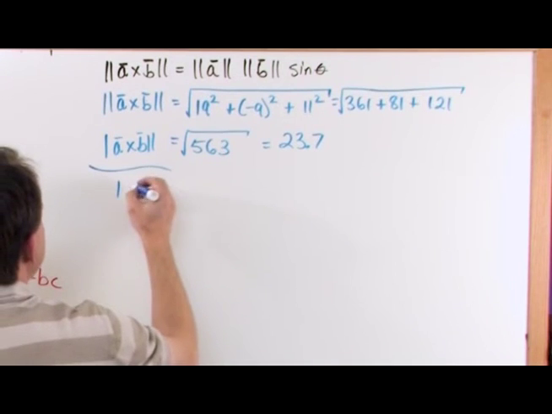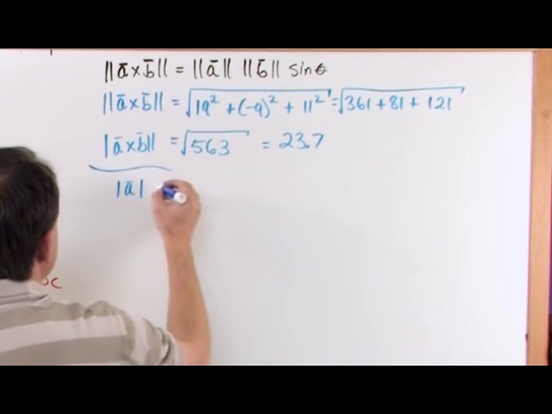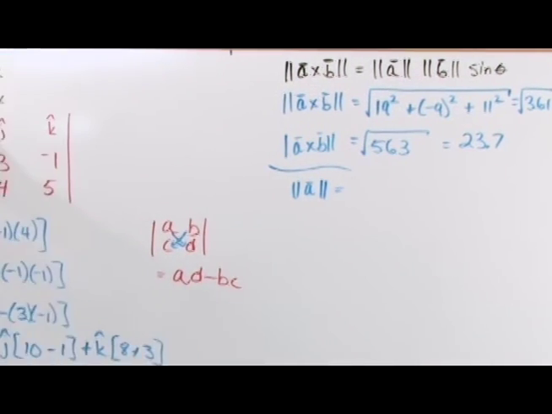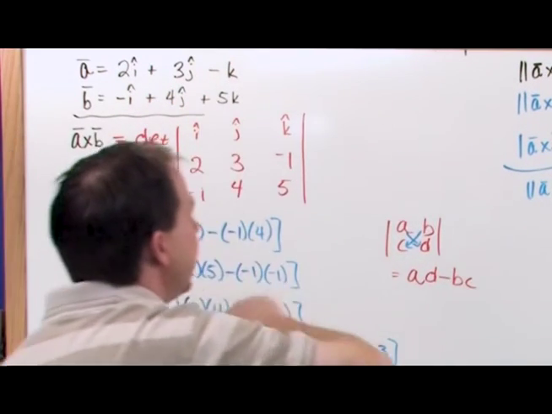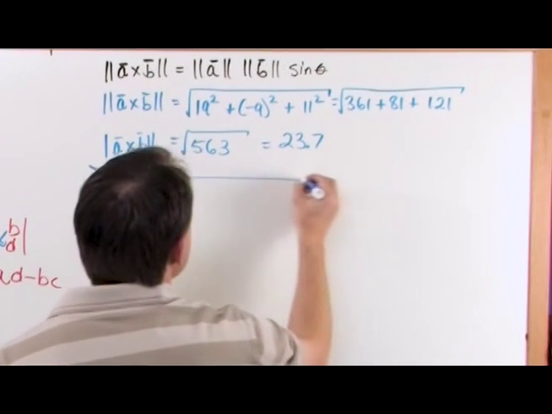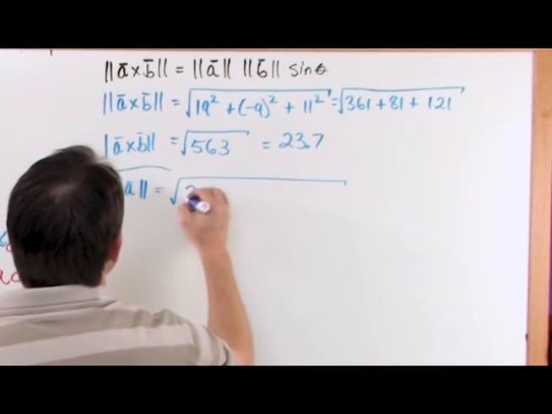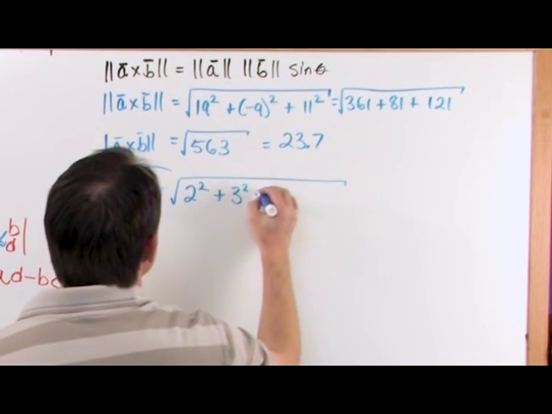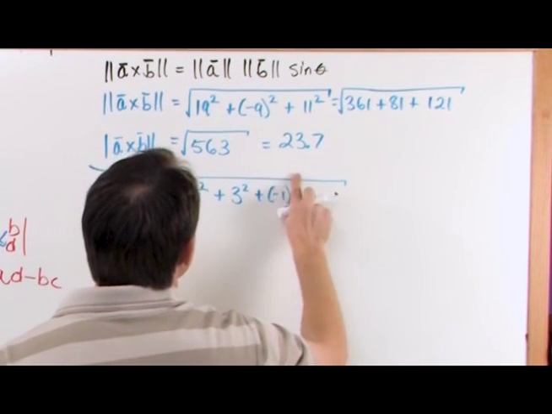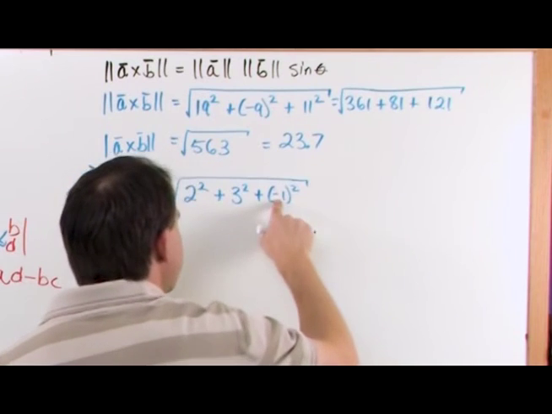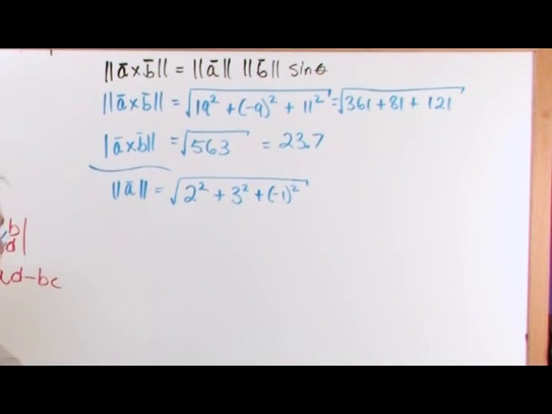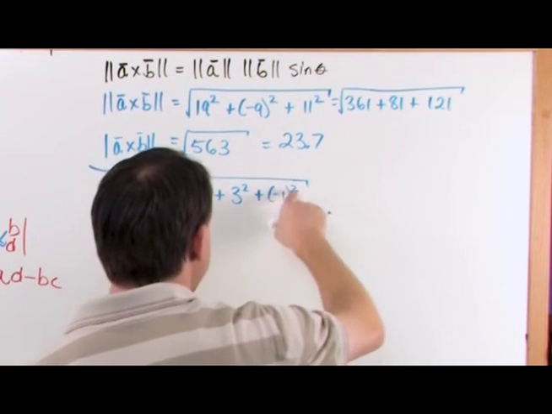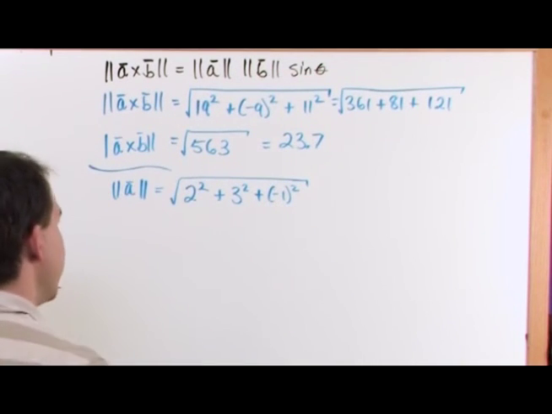Now, what is the magnitude of A? We're going to do the same thing. A is given by this vector, 2i plus 3j minus k. So we just take the square root of each component squared. So it's 2 squared plus 3 squared plus negative 1 squared. I know as well as you do that the negative 1 is going to give me a positive, but I put the component in there so that when I'm tracing through my work, I know what I did.